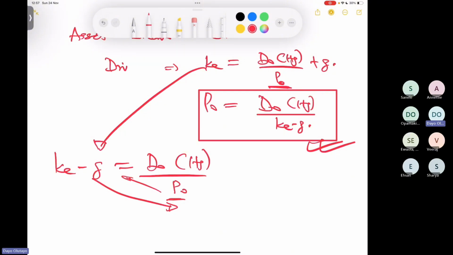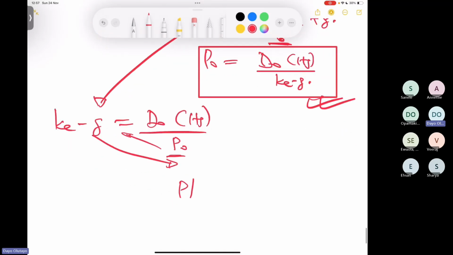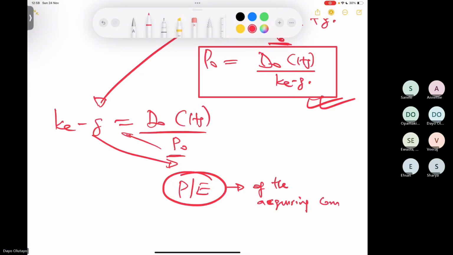Likewise, if you are using the PE ratio, this is where I need to give you a warning. If you are doing a valuation with PE, I'm going to give you those little tricks that you need to watch out for. Please make sure you use the PE of the acquiring company or a benchmark to do your valuation. Don't ever use the same PE of the company you are trying to value to get the value of that company.